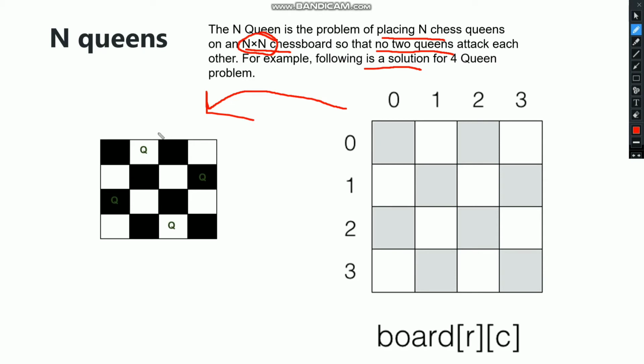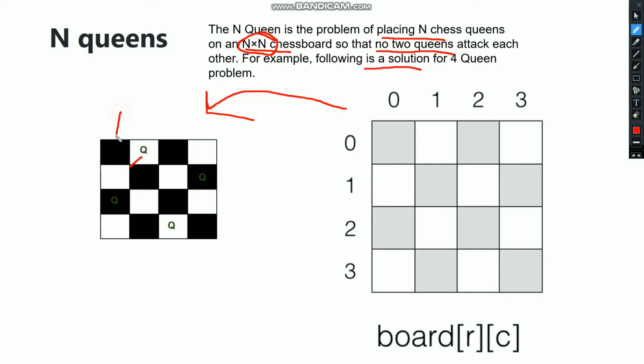We all know that a queen can move in a row, column, and diagonal alignment. Suppose this is a 4 cross 4 board, and this is one of the solutions. In this manner we can arrange the queens such that no two queens are attacking each other.